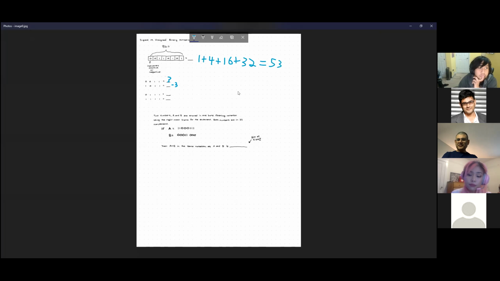Go ahead. Okay, what Peter or someone said is that extra bit. If the number is unsigned, then you get one extra bit to represent your number. And when you have signed numbers, you have both negative and non-negative.